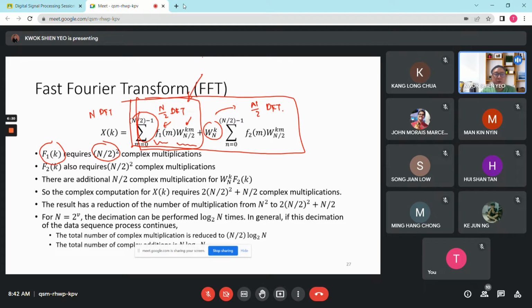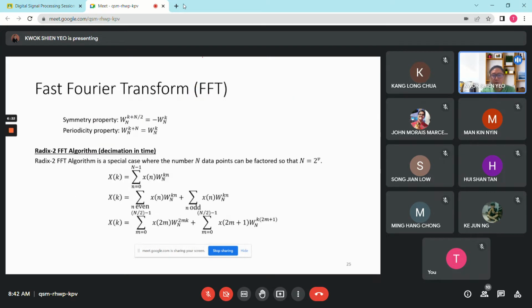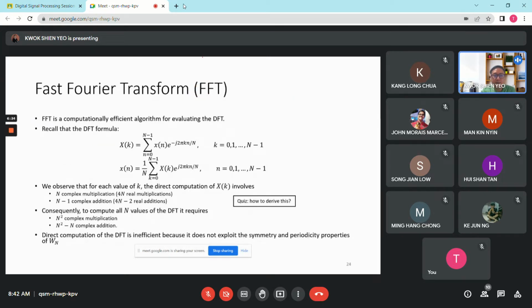Comparing to the previous DFT formula, we observe that for each value of k, to compute all n values of the DFT, the original DFT equations require n^2 complex multiplications.